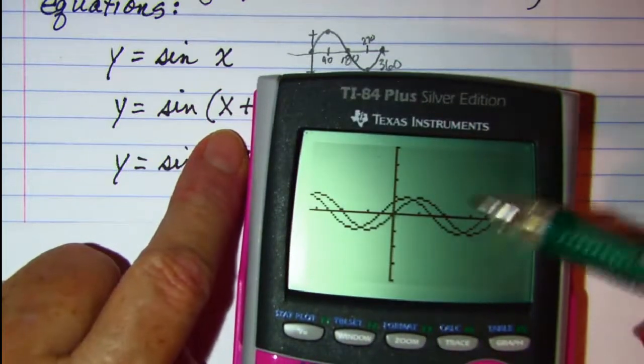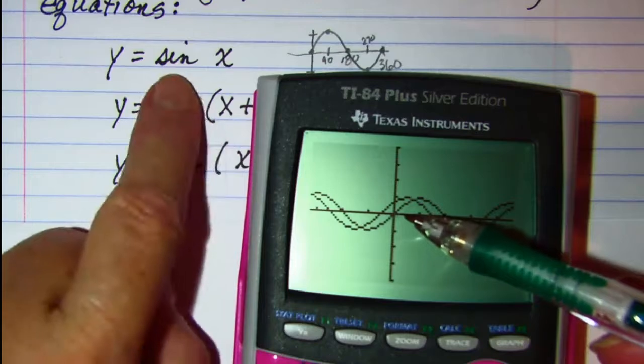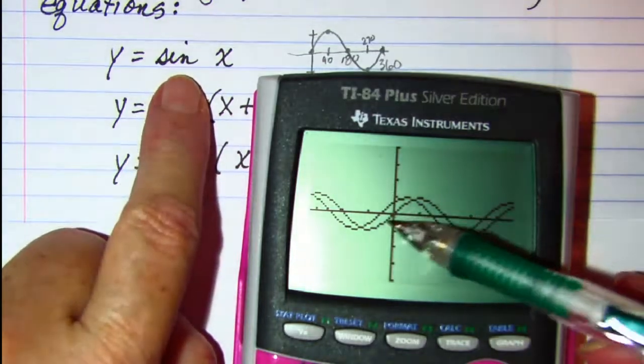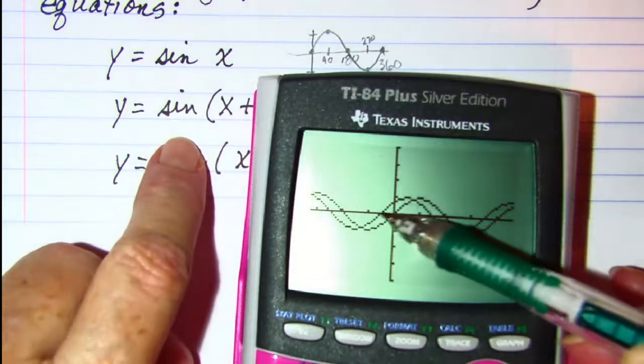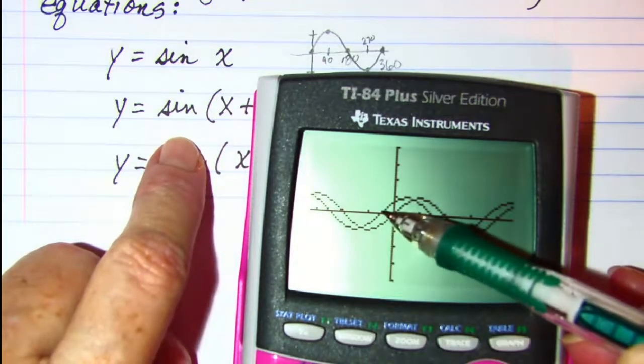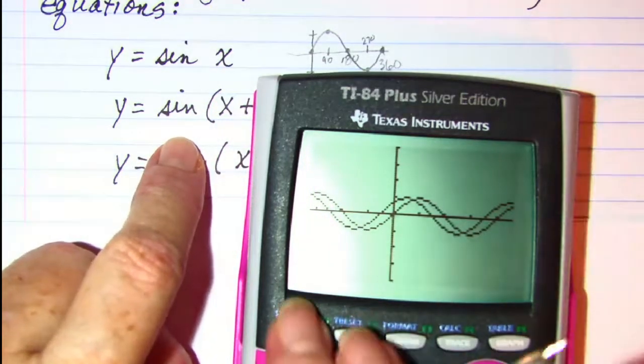Alright, now remember the basic sine curve started at the origin. So this one is starting here. Let me turn off my other graph.